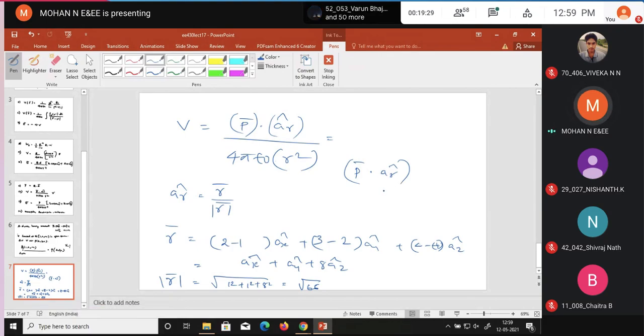Just multiply the dipole moment by the a_r vector, and it turns out to be a scalar quantity, that is, the dot product is a scalar quantity.